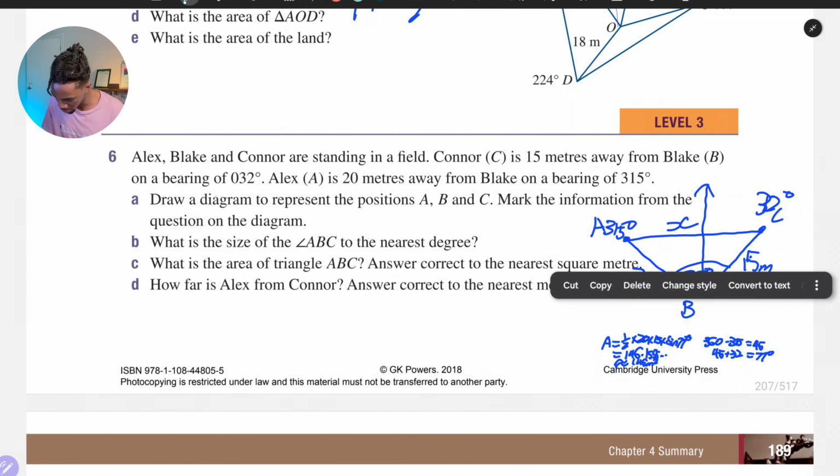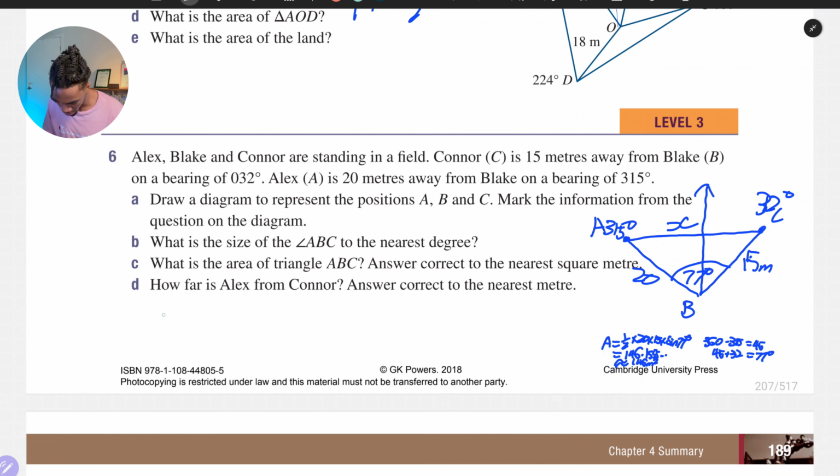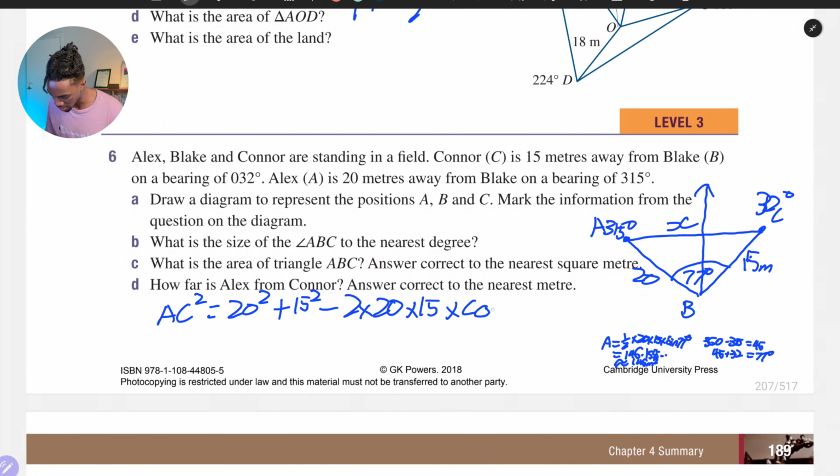All right, cosine rule. So you can even say AC squared equals 20 squared plus 15 squared minus 2 times 20 times 15 times cosine 77 degrees.